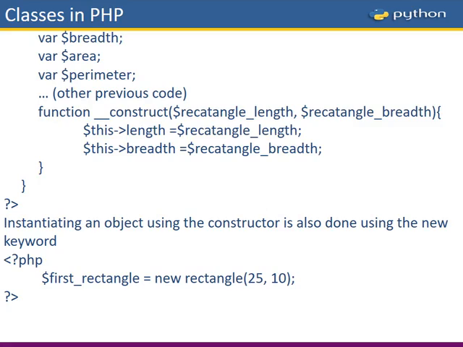Instantiating an object is also done using the new keyword, so we have $first_rectangle equal to new Rectangle.